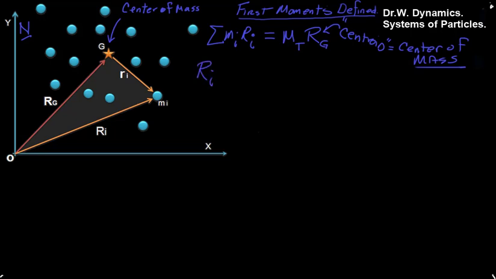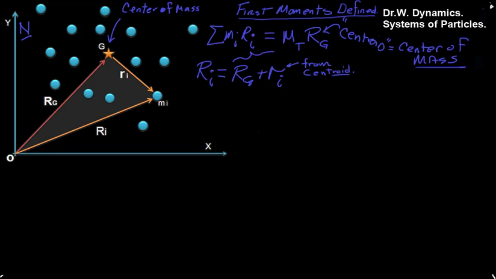Ri, this vector down here, can be written in terms of the other two vectors as Rg plus little ri. And we'll use the lowercase r to indicate that it's measured from the centroidal axis.